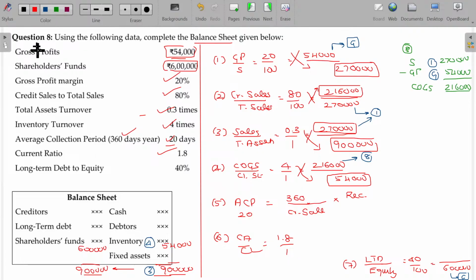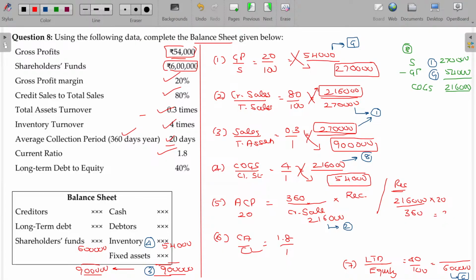Then ACP details. Here we know the credit sales. We got the credit sales 2,16,000 from working note number 2. So 20 is equal to 360 divided by 2,16,000 into receivables. By solving this, you will get the answer. So receivable is equal to 2,16,000 into 20 by 360.